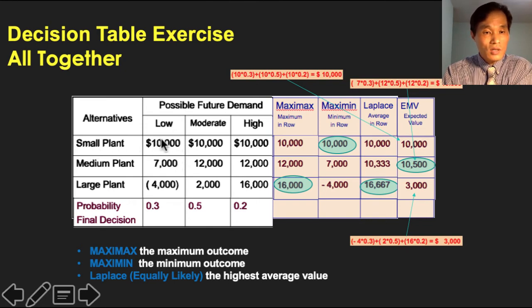So 10,000 times 0.3 is the low market condition. And if the market is going to be moderate, we see 12,000 is the biggest one. So we choose that and then multiply by 0.5. And if the market is going to be very good, then 16,000 is the value that you want to choose. So 16,000 times 0.2.